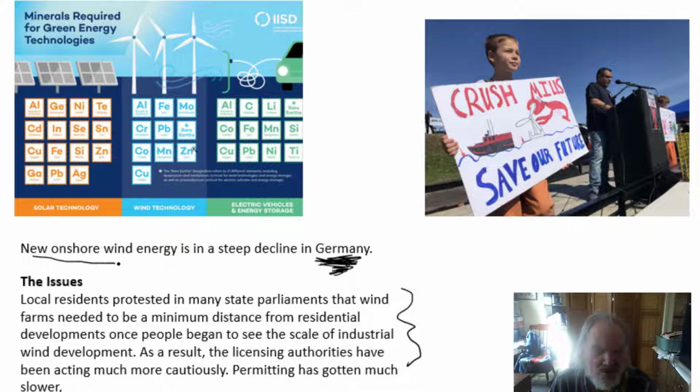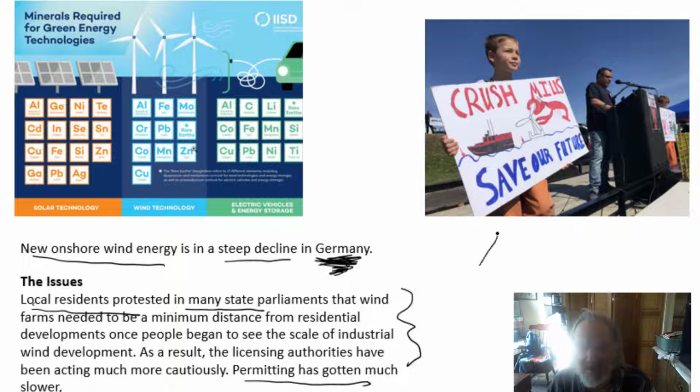New onshore wind energy is in steep decline in Germany, due to people not wanting to see these things. Local residents are protesting, and in many state parliaments wind farms need to be a minimal distance from residential developments. As a result, the licensing of these machines has slowed down, and permitting has gotten much slower.